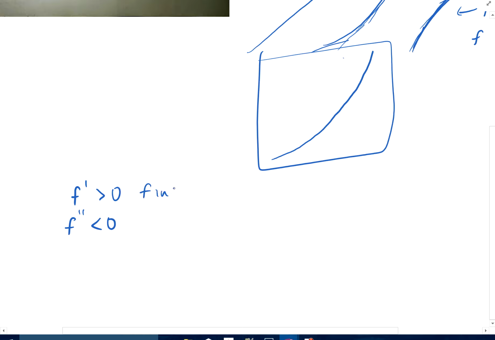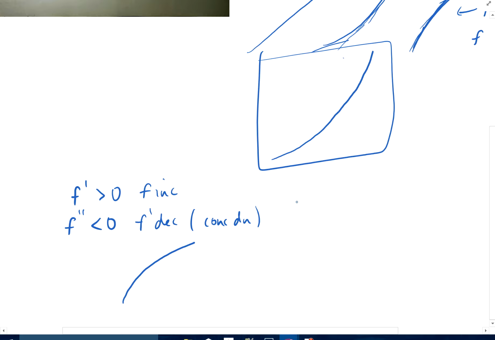This means f is increasing, and f prime is decreasing, or concave down. So if it's increasing and concave down, it's going to look like that, right? Because the derivative is steep and getting smaller and smaller.